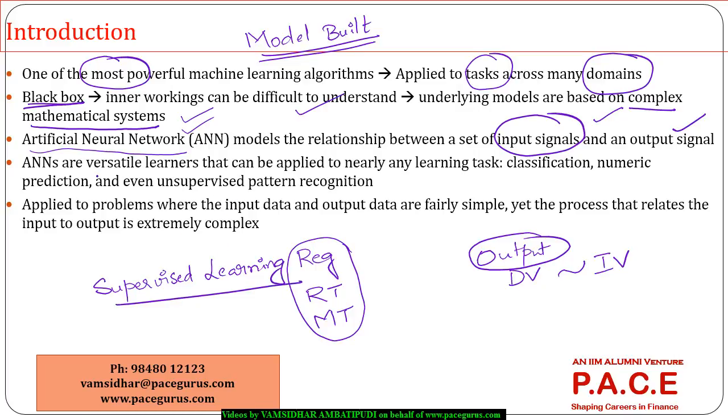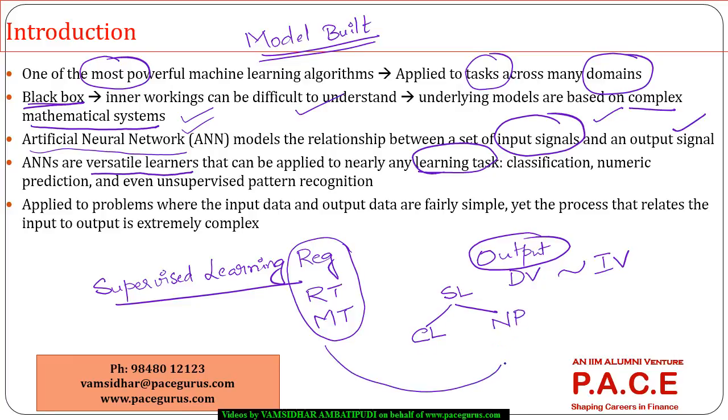When it comes to neural networks, they are very versatile learners. Almost any kind of learning task can be accomplished through neural networks. If you see, in the various sessions that I have dealt with so far, in supervised learning we said there are two broad forms: one is classification models, one is numerical prediction.